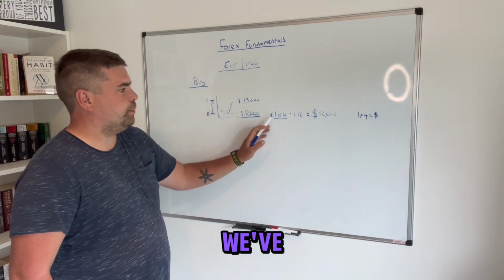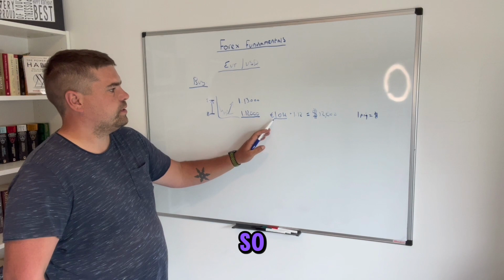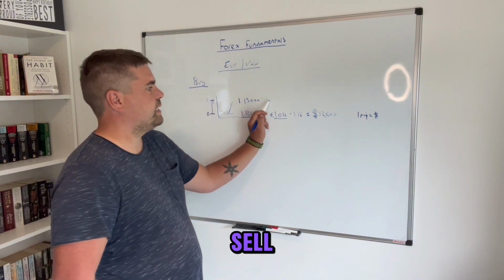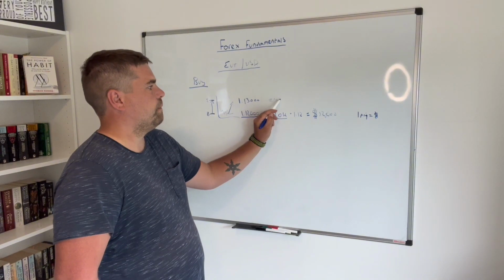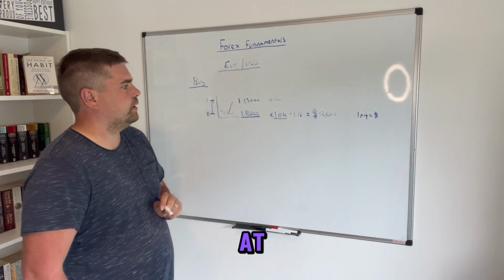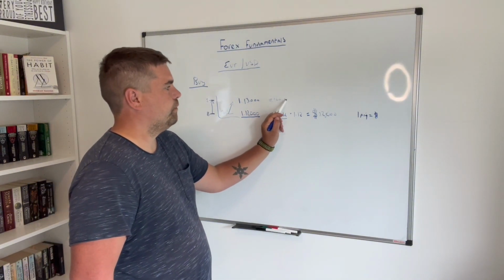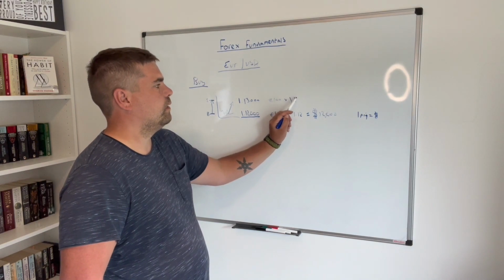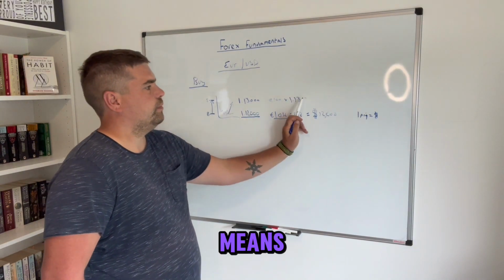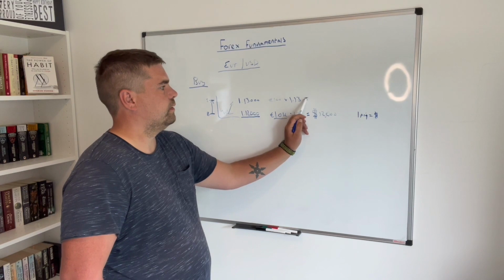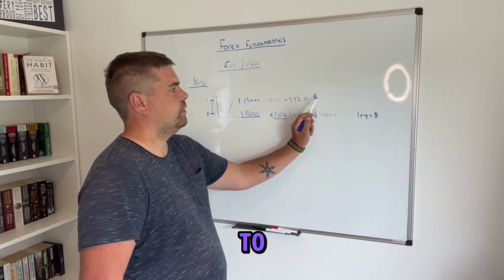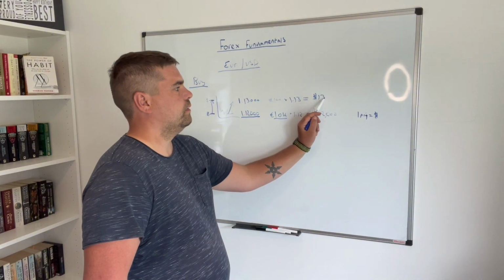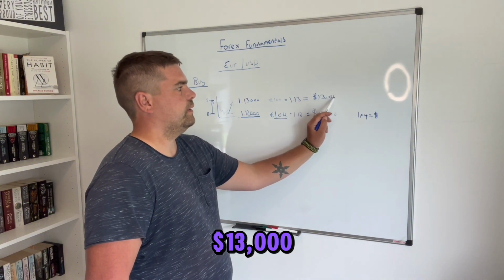Well, we've bought 10,000 euros at this stage. So here is where we're going to now sell the 10,000 euros. But our quote is now at 1.13. So it means that this is now going to equate to $13,000.